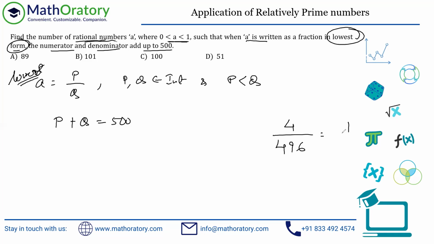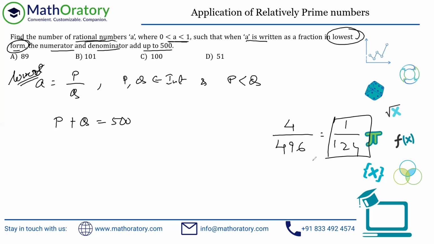So we can reduce this to 1 by 124. I halved it once. Anyhow, I hope you get my point. These two added do not add to 500 now in the lowest form.